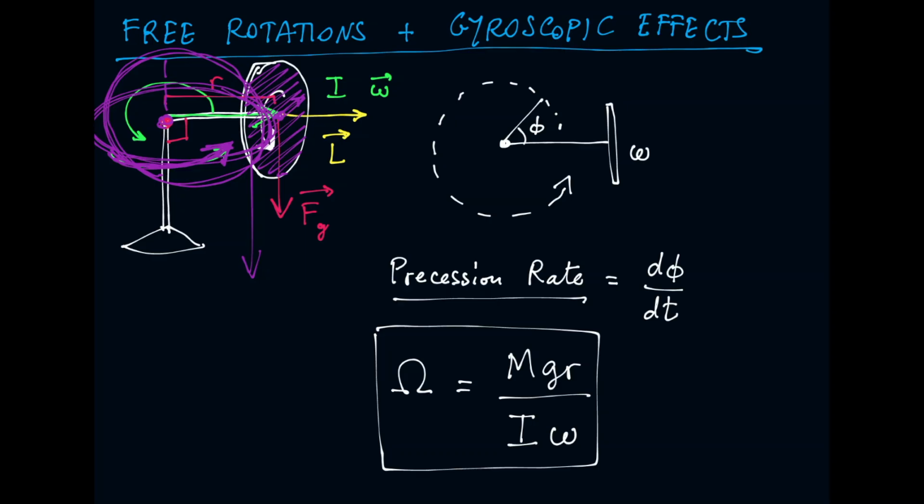So this small omega is how quickly the wheel is spinning, and this big omega is how quickly the whole gyroscope is rotating, precessing about its axis.